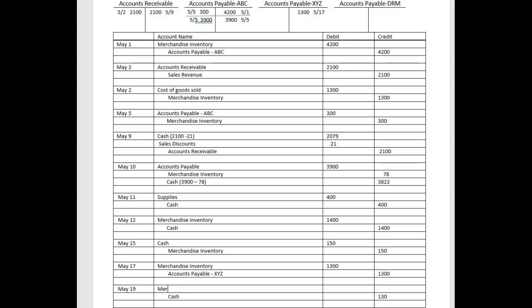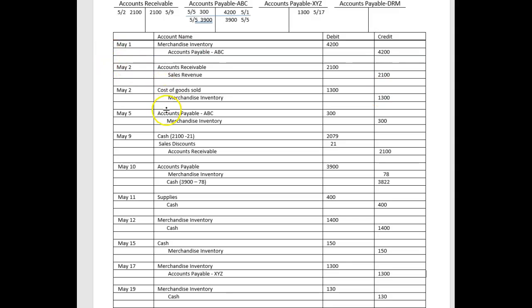So we are going to debit merchandise inventory for the amount of the shipping related to that purchase, and that is $130. So if the buyer pays for the shipping, it's a debit to merchandise inventory. However, if the seller pays for the shipping, instead of a debit to merchandise inventory, it would be to the account freight out, which is an expense account.